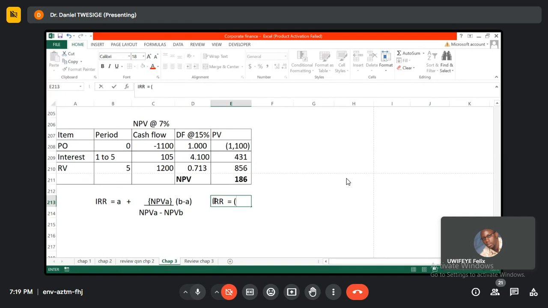Yes, equals 0.07. That's what you have got. Calculation: 186 over 186 plus 151, 15 minus 0.07.